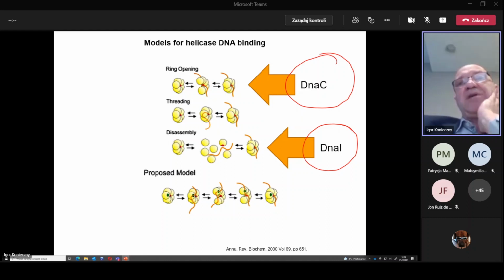It's going to be a slightly different mechanism, but resulting in the same ending product. Okay, so this is how we can assume the helicase could be loaded on the DNA.